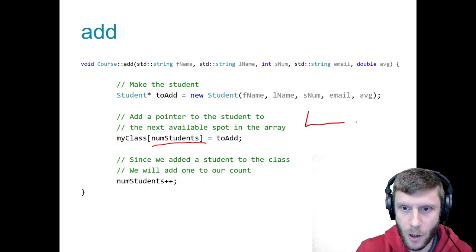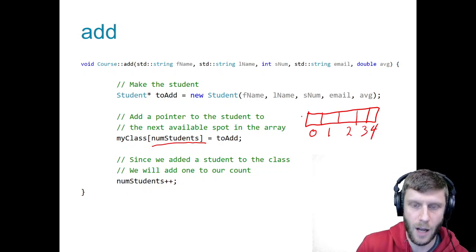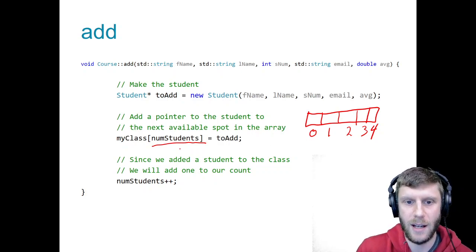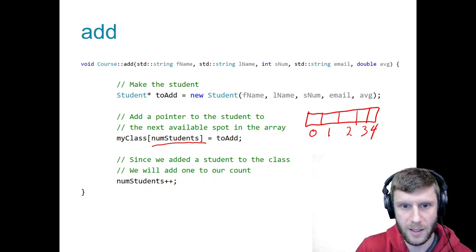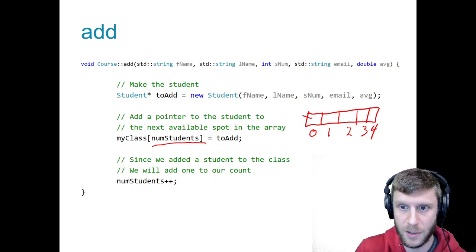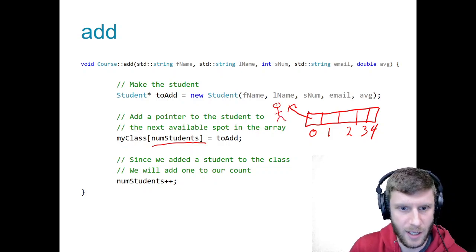So if there's no one in here, this is index 0, 1, 2, 3, 4. If there's no one in this array, numStudents is 0. And then if I were to create a new one and say my class at numStudents, which is 0 in this case, equals toAdd, well, that goes here. And it'll point to some student somewhere. Then we're going to increase the number of students.